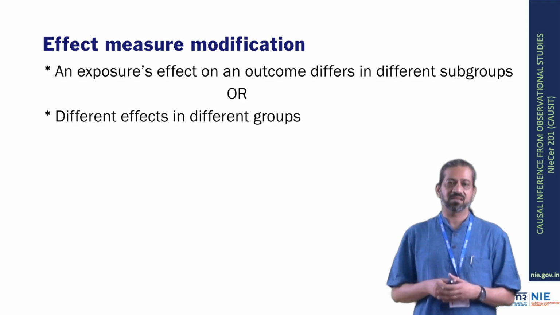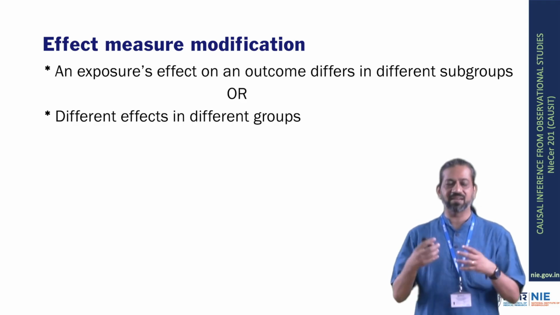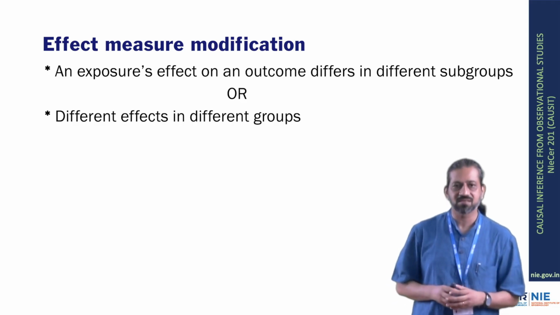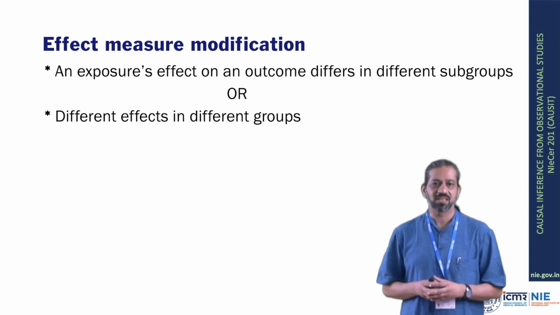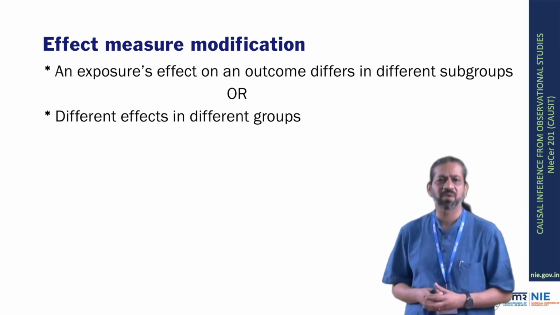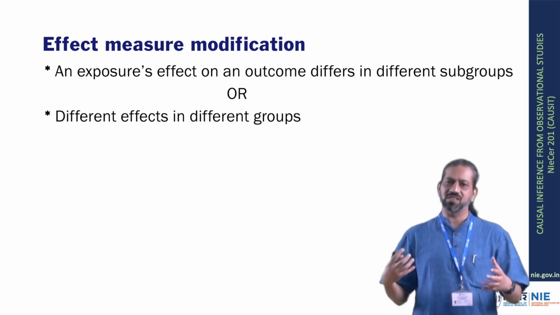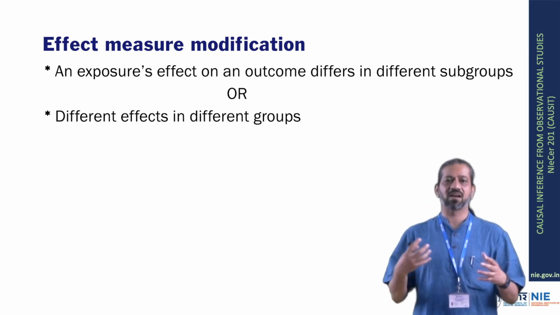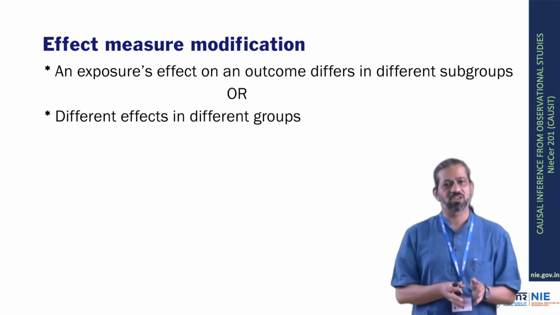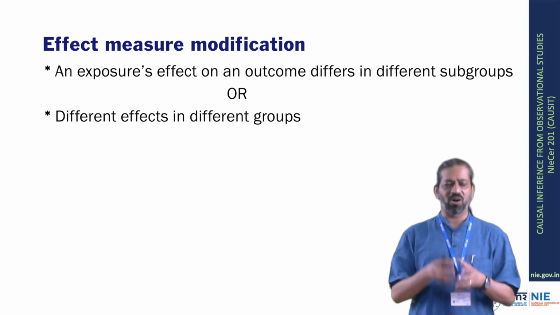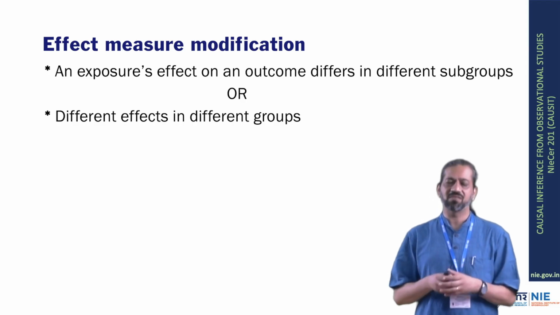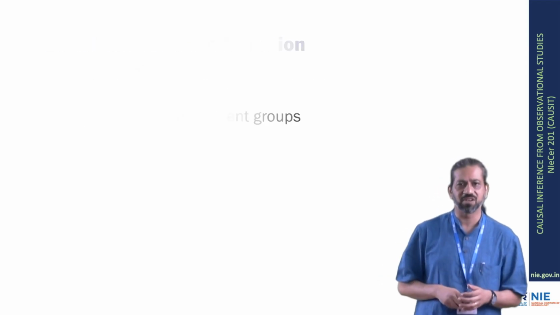Which means that if we divided our study population into different groups by certain characteristics and then estimated the measure of effect, the odds ratio or the risk ratio or the rate ratio depending on the study design, in each of these groups, and we find that these are different, then we say that the effect of the exposure on the outcome has been modified by this particular characteristic based on which we divided our study population into different groups.